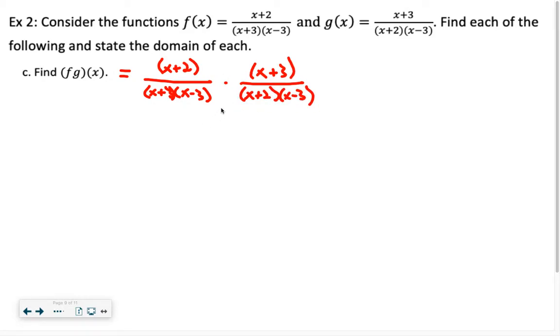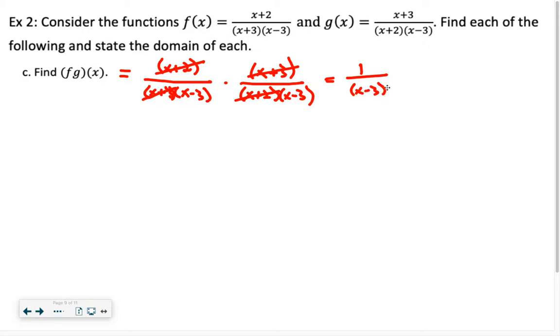We just talked about, since I'm multiplying straight across here, I can cancel out any common factors. I see an x plus 2 in the numerator and an x plus 2 in the denominator. I can cancel those out. I see an x plus 3 in the numerator and an x plus 3 in the denominator. I can cancel those out. And I would just be left with 1 in the numerator over x minus 3 times x minus 3.